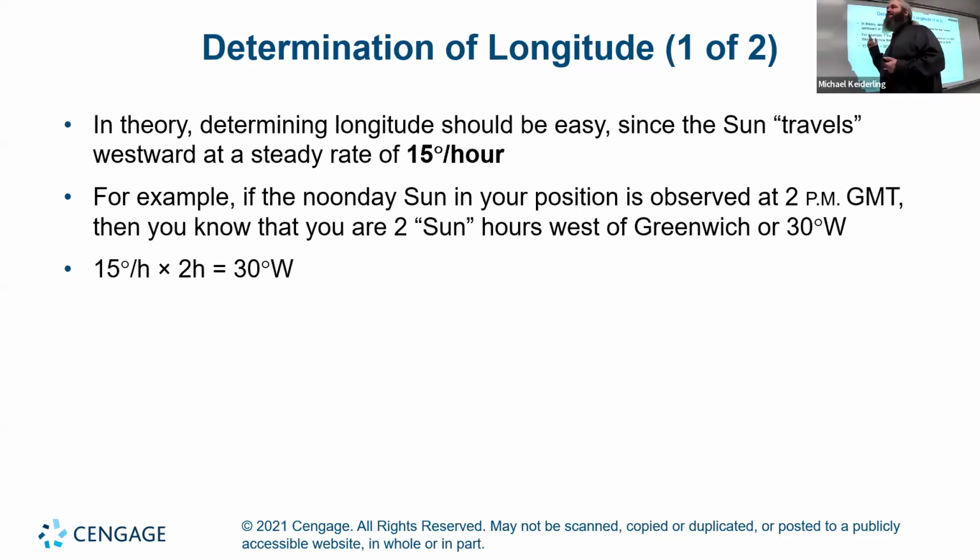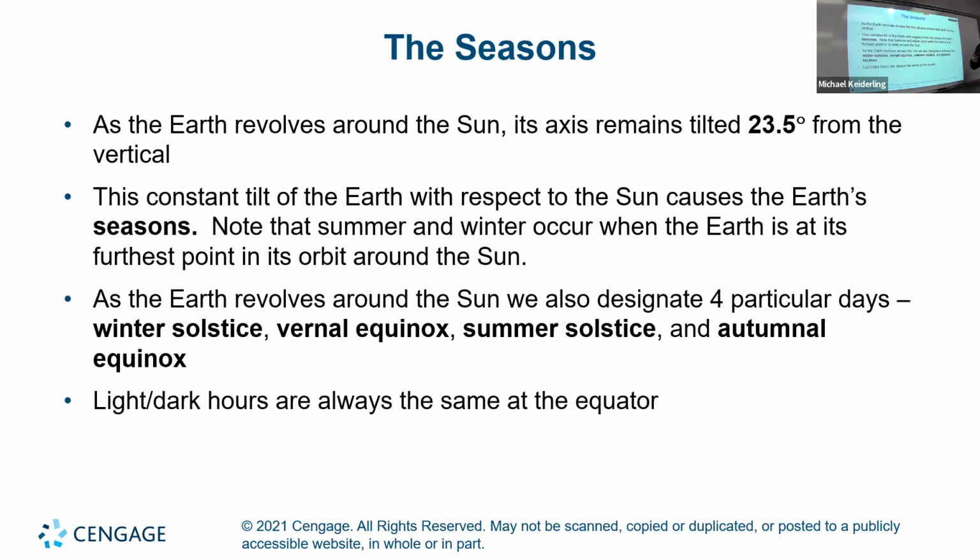So this trick depends on long-term stable clocks, something that took a long time to build, especially clocks that will work on a ship that's rolling around. I mean, a mechanical clock with a pendulum on a rolling ship messes things up. And so it took a long time to figure out ways to determine longitude.